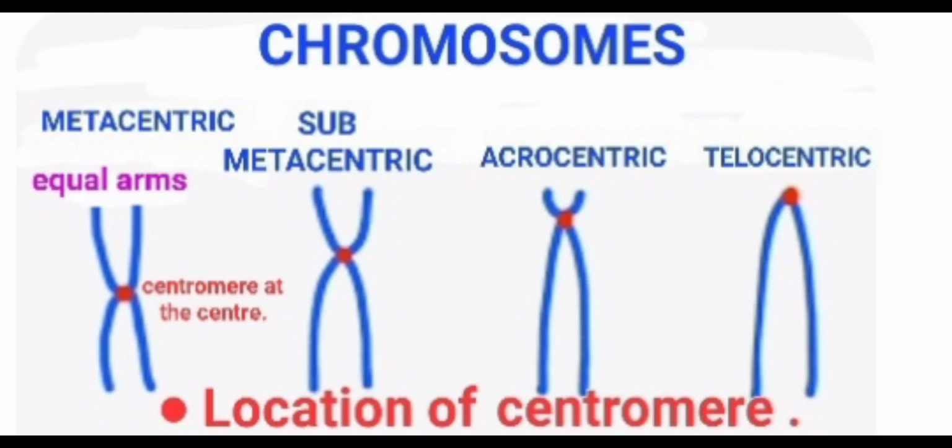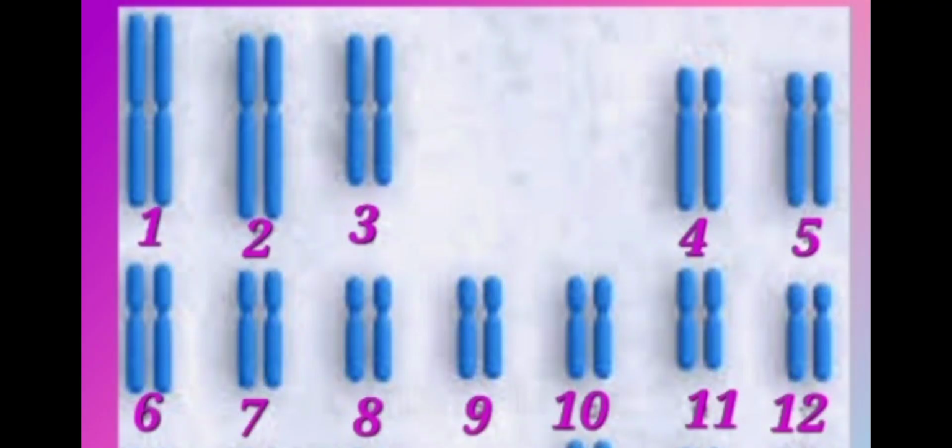We again have the other variety where the centromere is shifted almost at one terminal point. Such a chromosome is called a telocentric chromosome. On the other hand, if the centromere is a little shifted inside from the extreme end, it is called an acrocentric chromosome. One vertical half of a duplicated chromosome is called a chromatid.